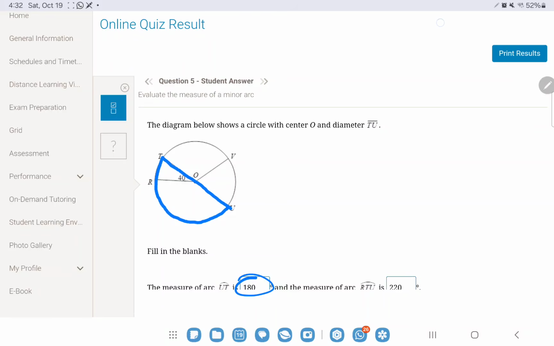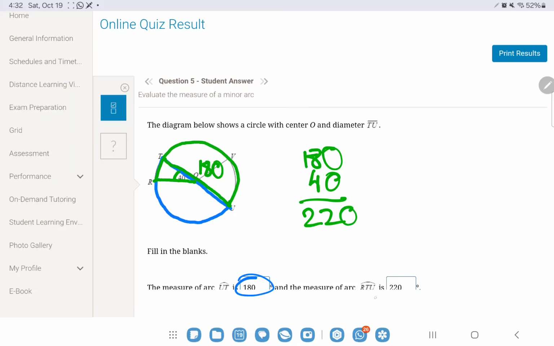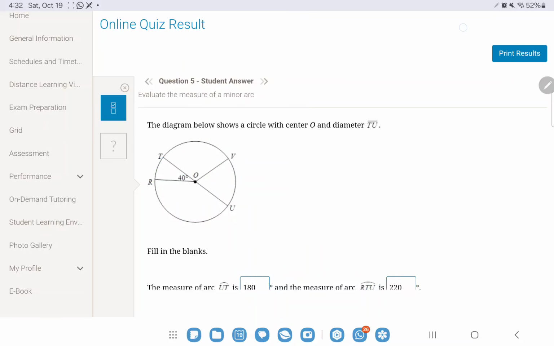So let me do it in another color. So RTU. We know that this part is 40, and this part, we said that half a circle is 180. So if this is 180 and this is 40, 180 plus 40 is gonna give you 220. That's how you get this part.